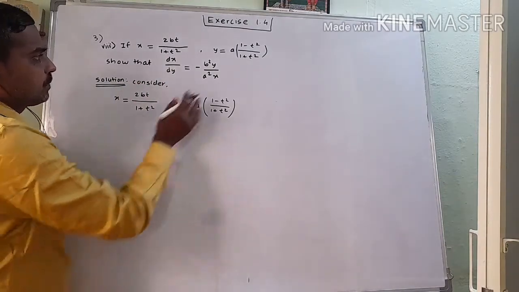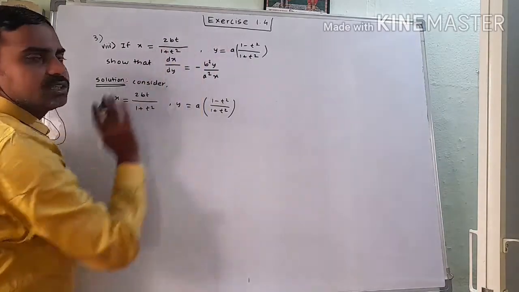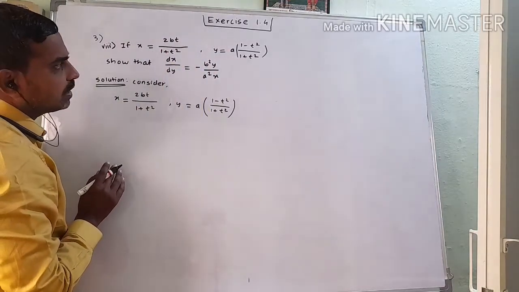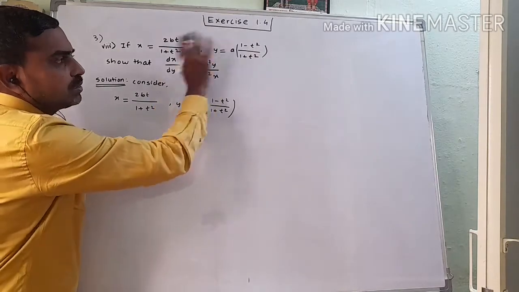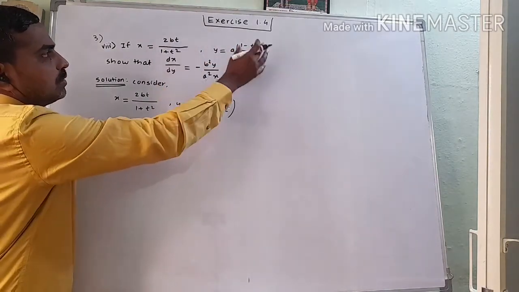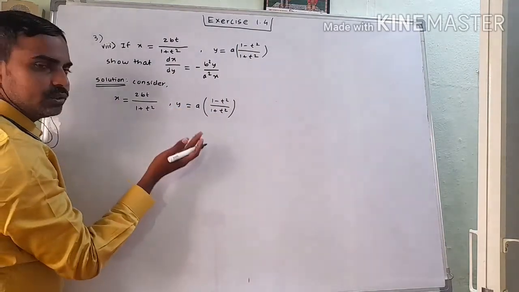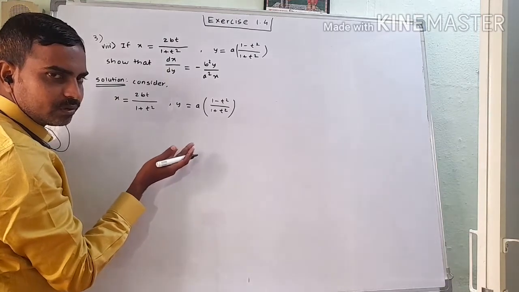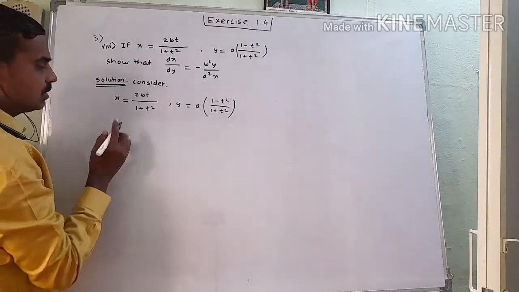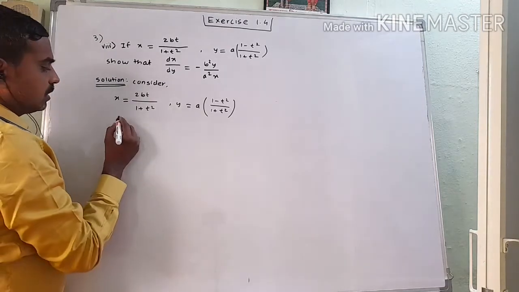For this purpose the answer is in terms of x and y, therefore we have to eliminate this t. But for elimination there is no relation between these two parametric expressions on the right side. So for this purpose we substitute a trigonometric form and then we eliminate. First of all we write the given parametric functions as they are.